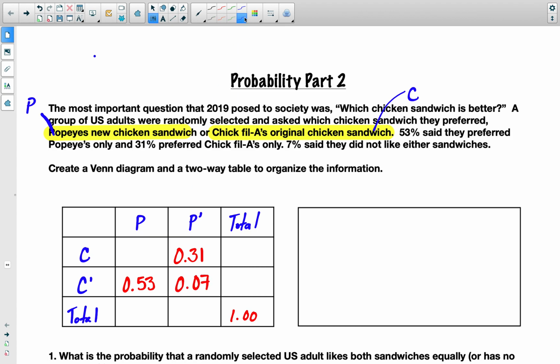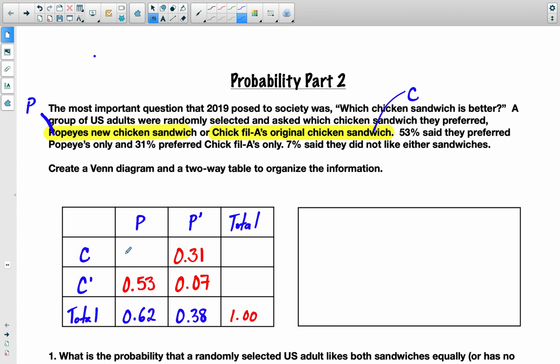Okay, now with math, I can find the rest of my frequencies. For people that did not like Popeyes, I just add 31 and 7% to get 38%. I know that 62 plus 38 is 100, so Popeyes' total is going to be 62%.